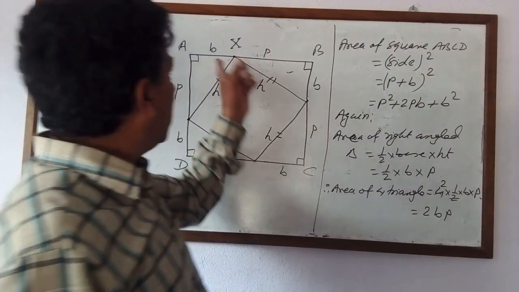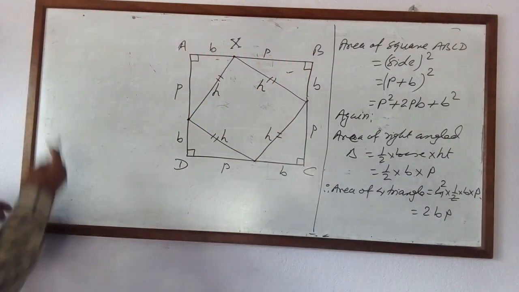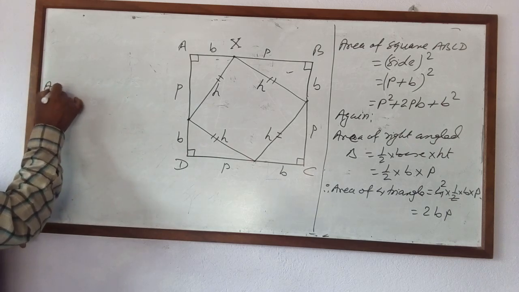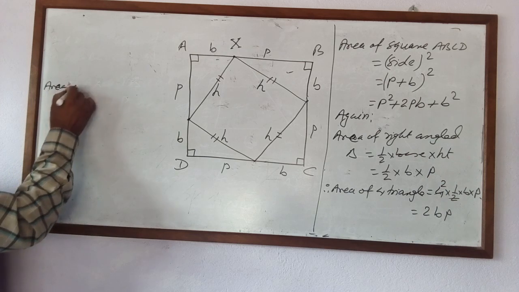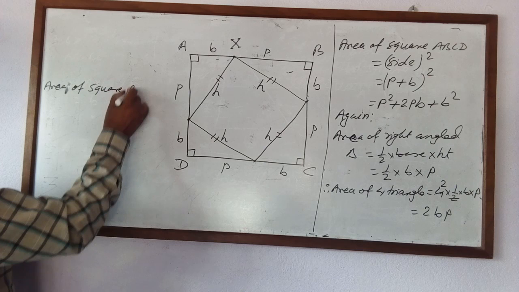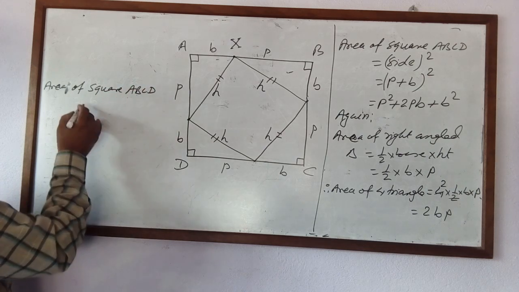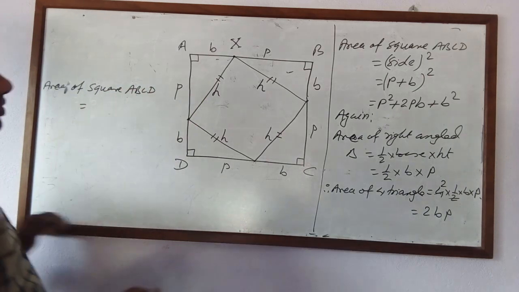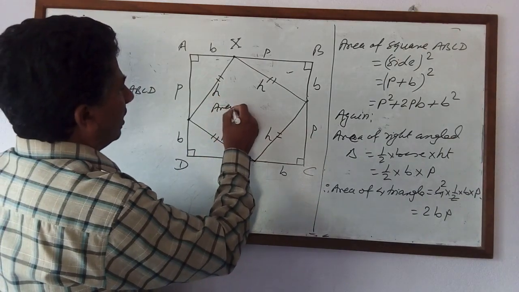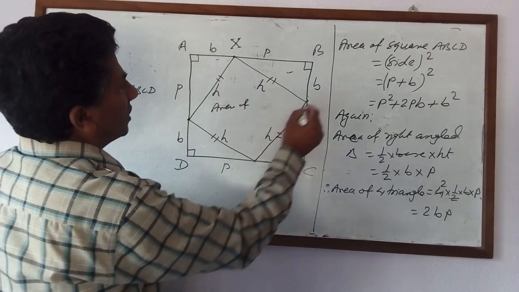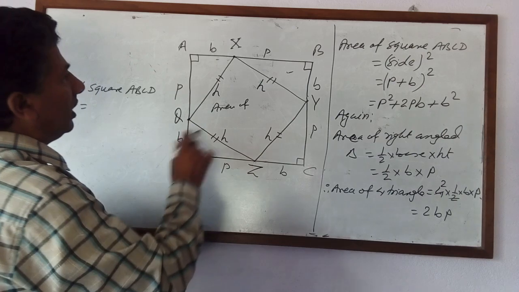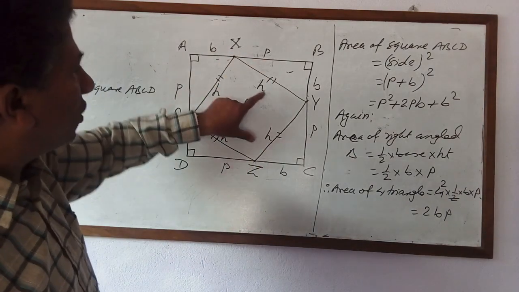Now the area of square ABCD equals, the area of this middle square, X, Y, Z, Q. This is also a square.